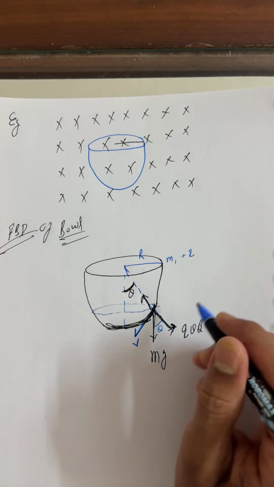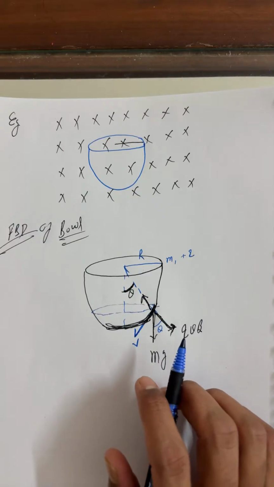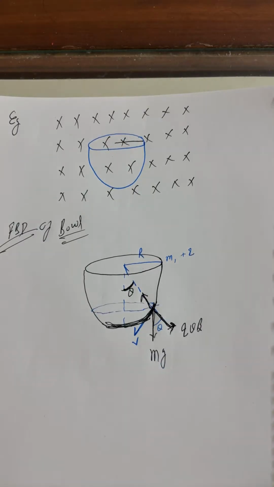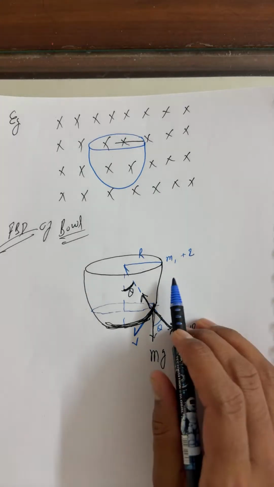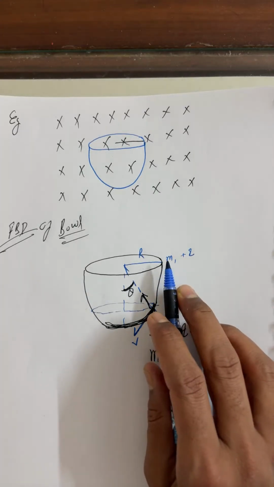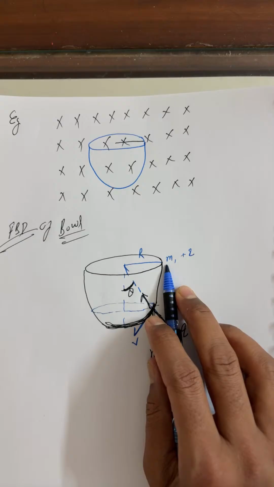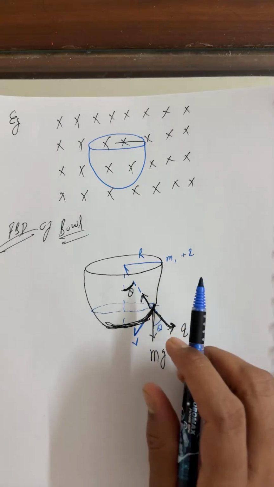So from the work energy theorem, the initial potential energy is converted into kinetic energy.